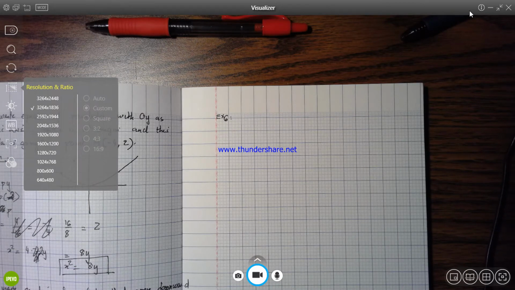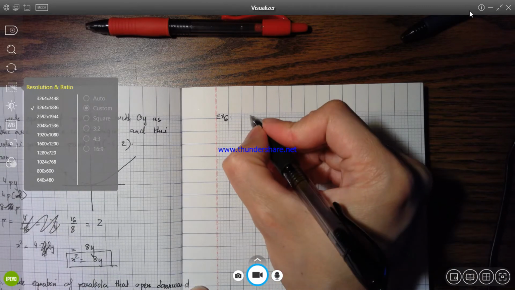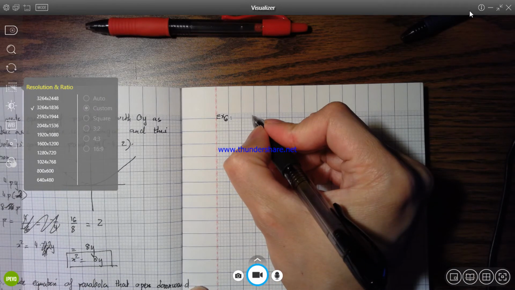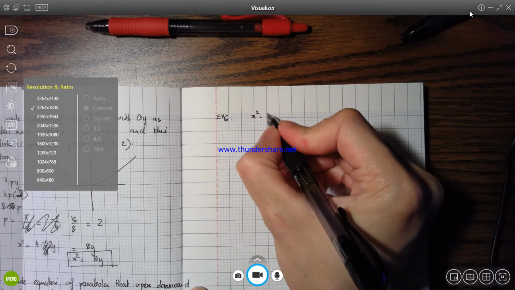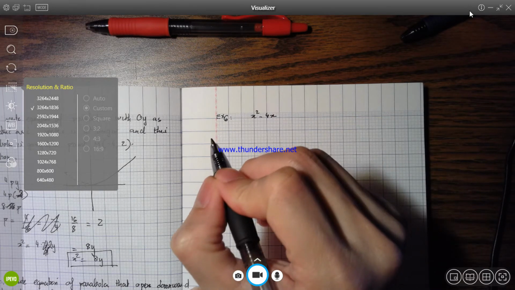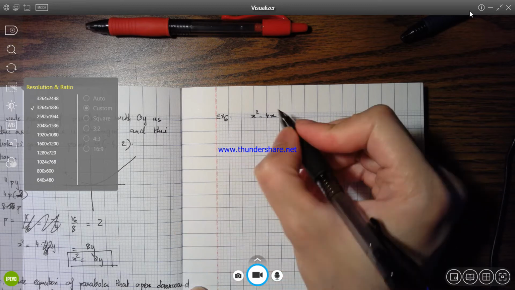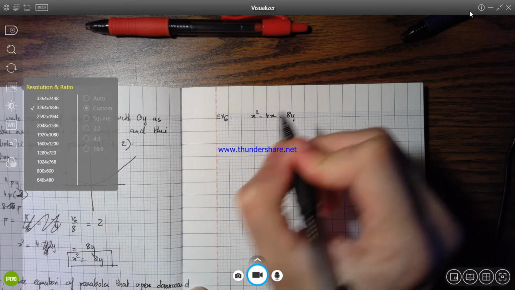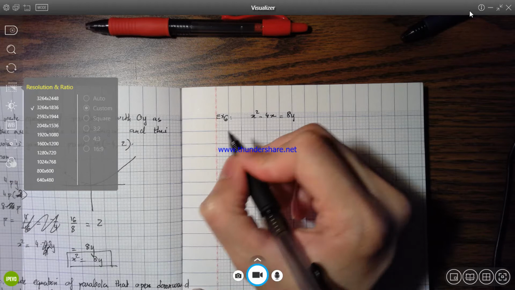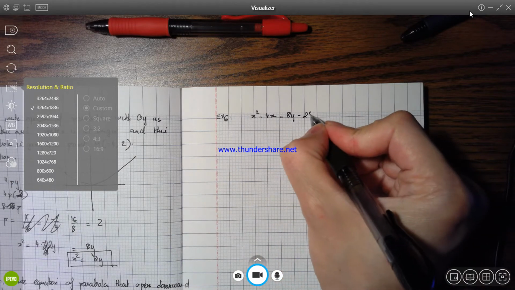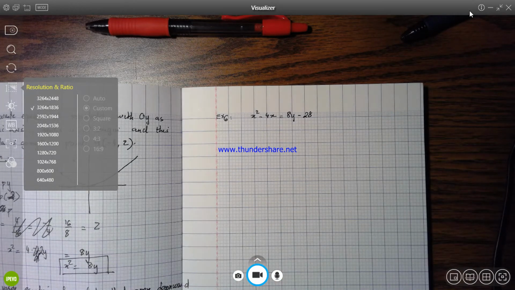So I have an equation like this: x squared minus 4x equals 8y minus 28. And the question is, determine the vertex, focus, and the directrix.